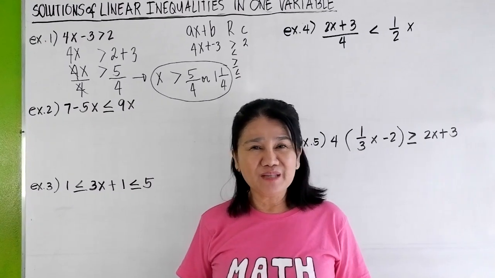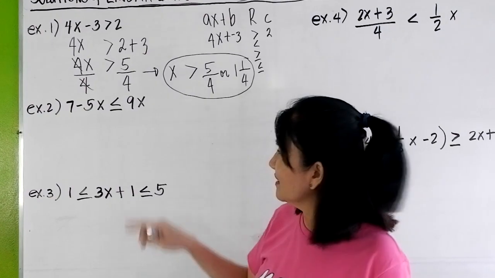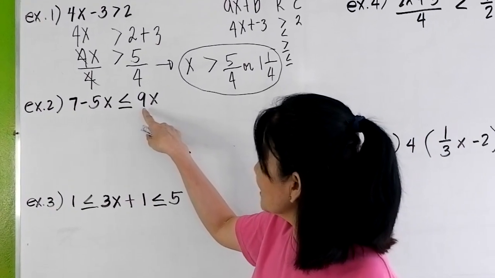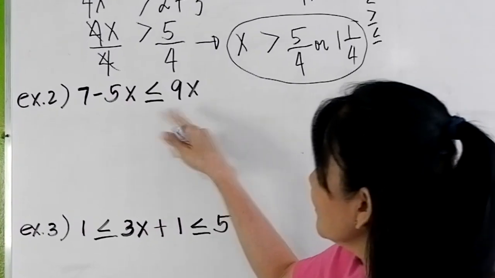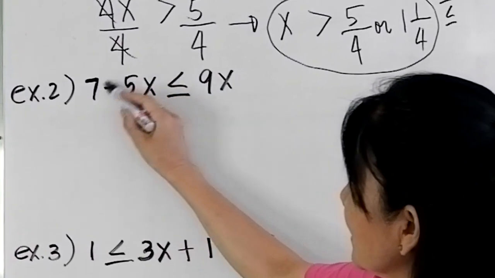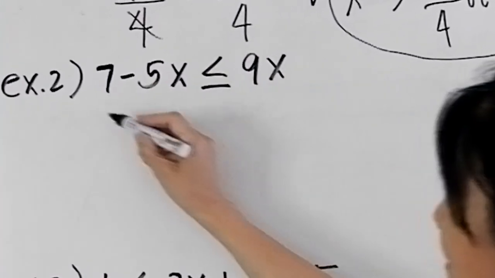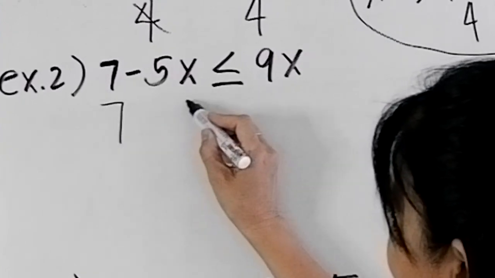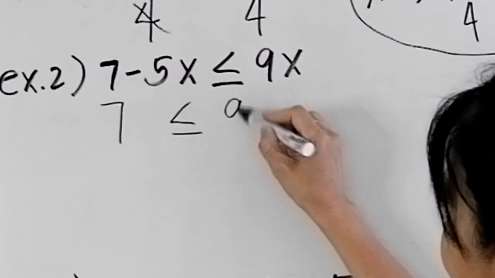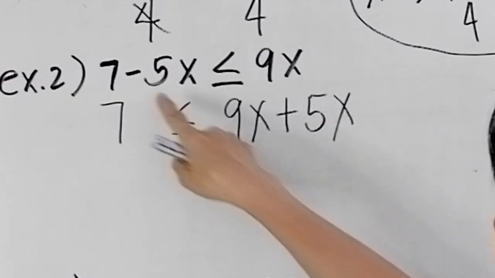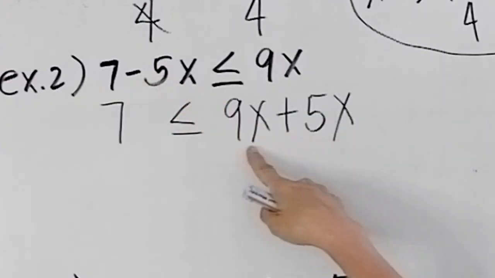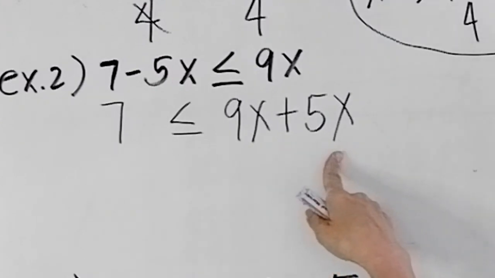Problem number 2. I made it a little harder. This time, you have an expression with x on both sides. So easy. You transpose negative 5x to the other side. So you get 7 is less than or equal to 9x plus 5x. I just transpose it so that all the terms with x are combined.